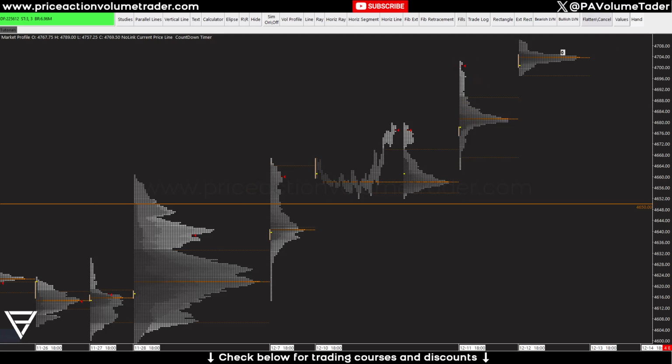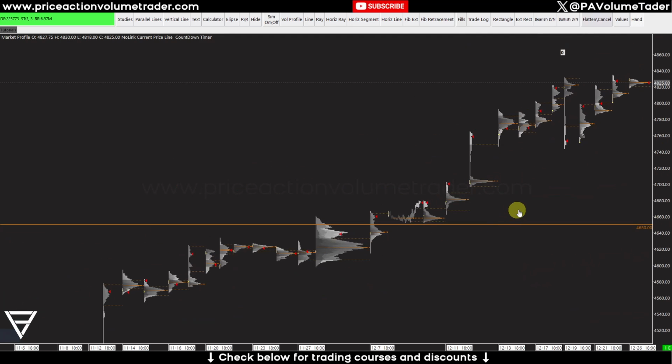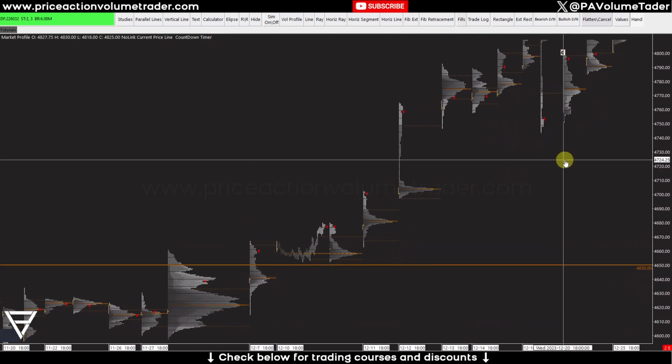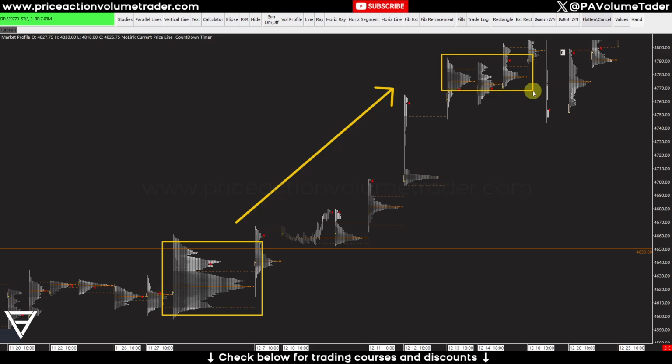So now you can see how the market went from a pretty established area of balance to a period of trending imbalance, where we have higher closes than the opens and we don't have much overlap within the profiles. And then finally, you can see we did get a little bit of balance back again into these areas.